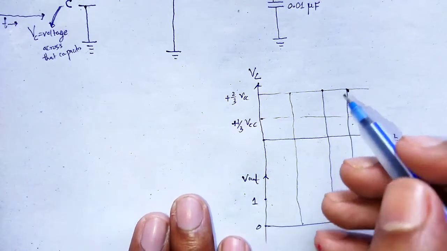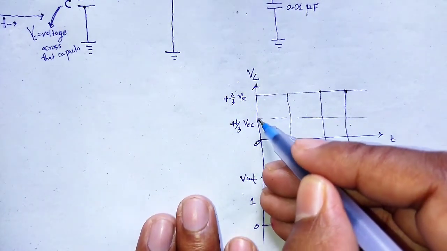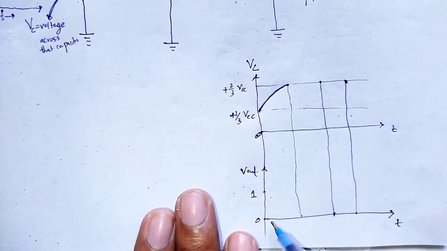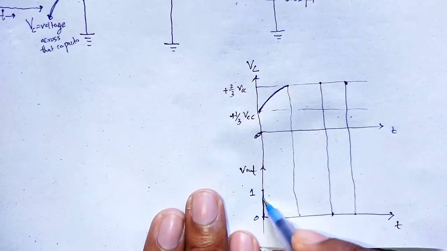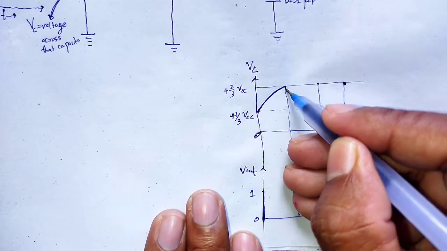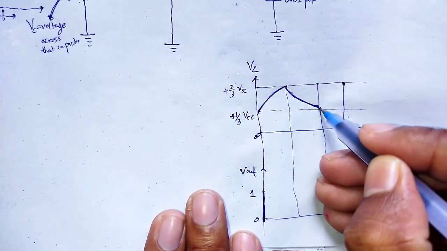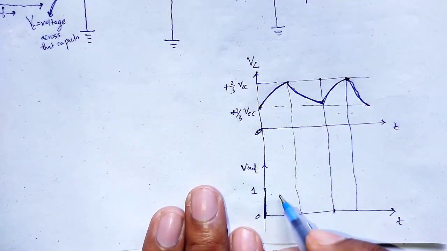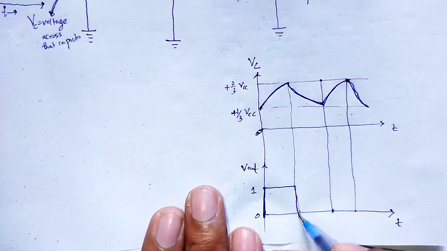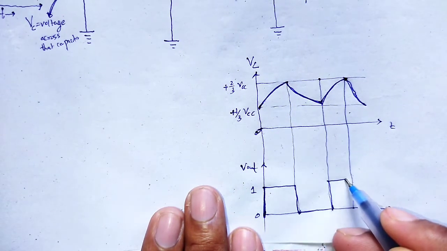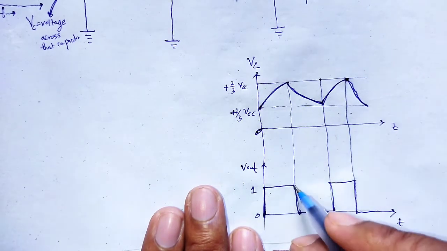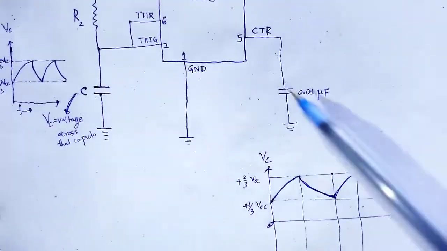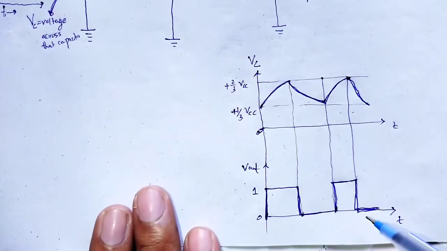Here the input is high, and at the low case, the graph is as shown. This is V input, this is V output.